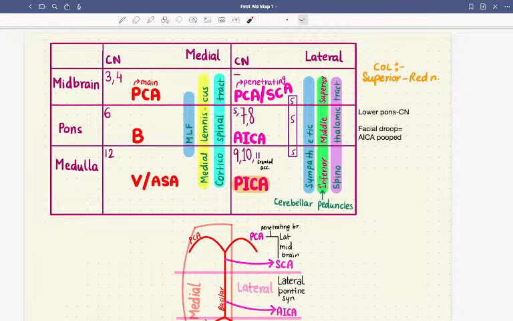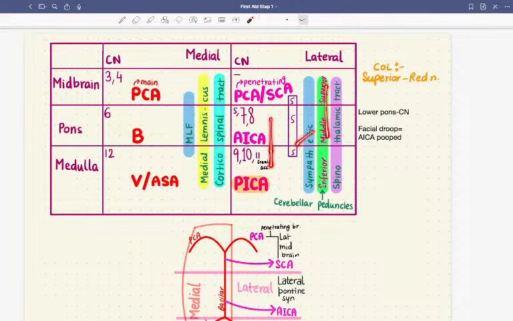Everything with M is going to be medial, and multiples of 3, that is 3, 4, 6, 12, that is cranial nerves 3, 4, 6, 12 medially. And medial longitudinal fasciculus is also medial, and medial lemniscus is also medial, while laterally you have the spinothalamic tract, spinocerebellar tract, and the Horner syndrome, the sympathetic.